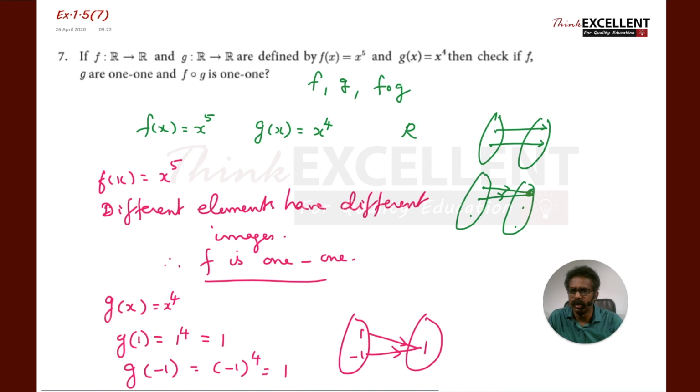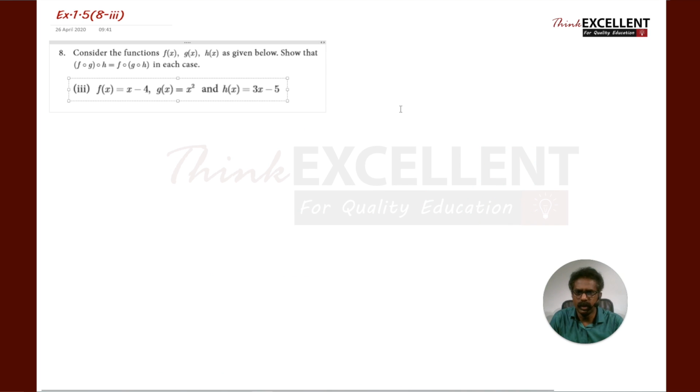Okay. So now we go for the next question. Look at this question. Consider the functions, 3 functions given here: f of x, g of x, and h of x. Show that f composition g composition h is equal to f composition g composition h. So 3 functions are given here.